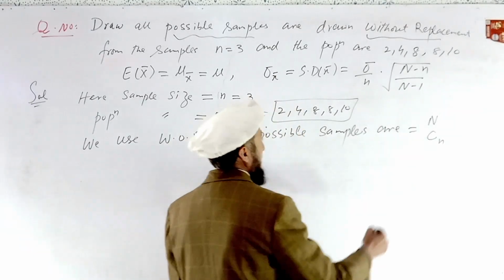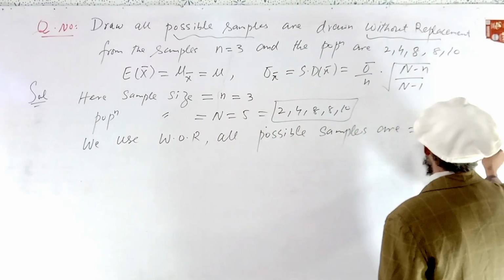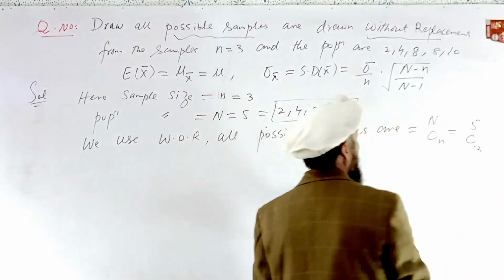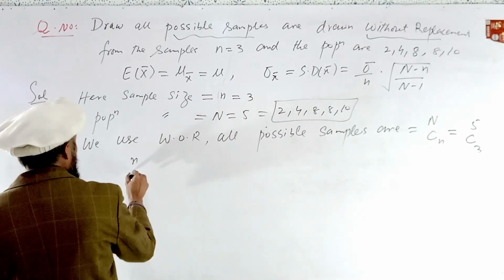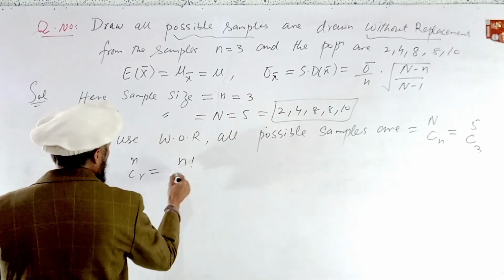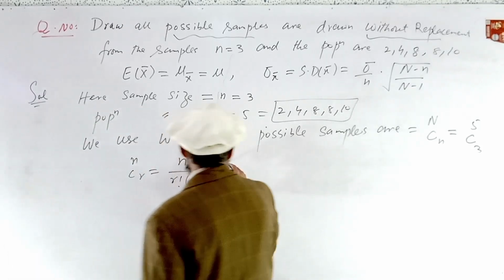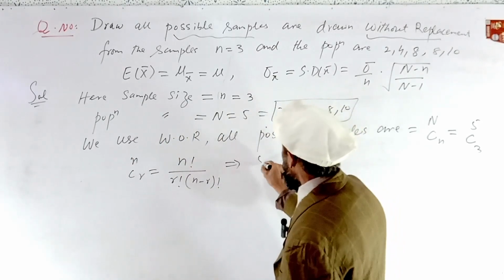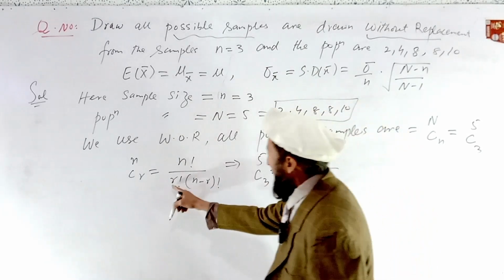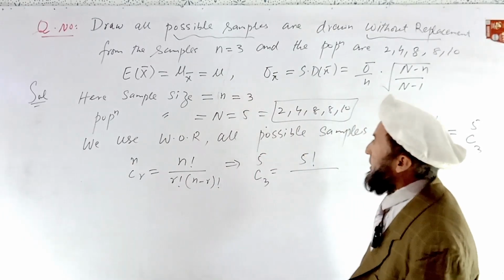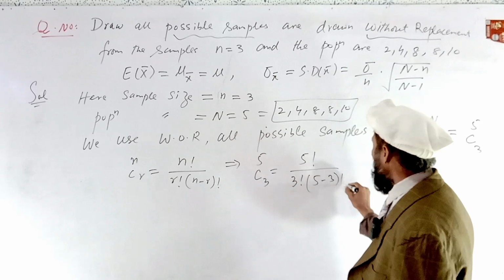If we expand this, here N is equal to 5 and n is equal to 3. According to the combination formula, N combination r is equal to N factorial divided by r factorial times (N minus r) factorial. So 5 combination 3 is equal to 5 factorial divided by 3 factorial times (5 minus 3) factorial.